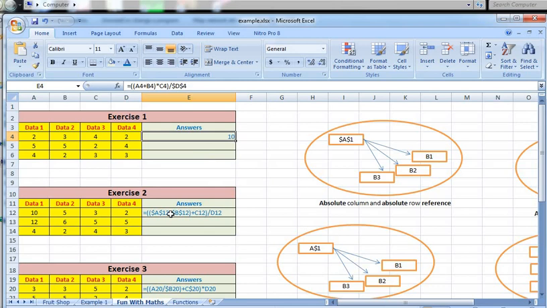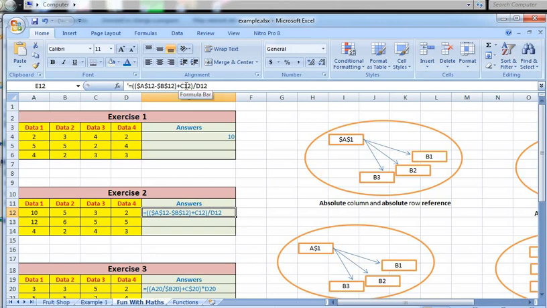And then the same way, the next answer is this, exercise 2. It says here, absolute A12 subtract absolute B12. From 10 subtract 5, it's 5.